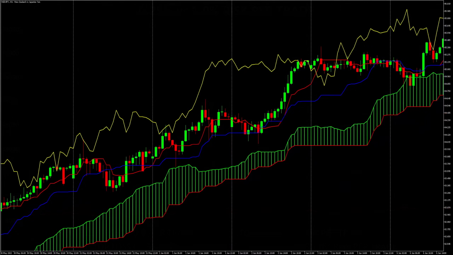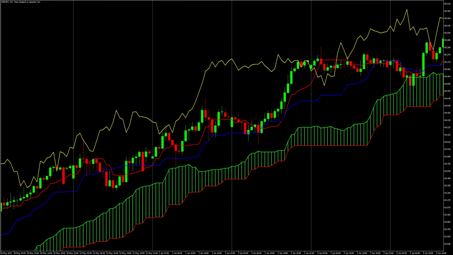So let's take a look at how this particular trend filter works. Generally speaking, with the Ichimoku indicator, if price is above the Kumo or the Ichimoku cloud, then that shows bullish sentiment. If the price is below the cloud, then that is bearish sentiment.